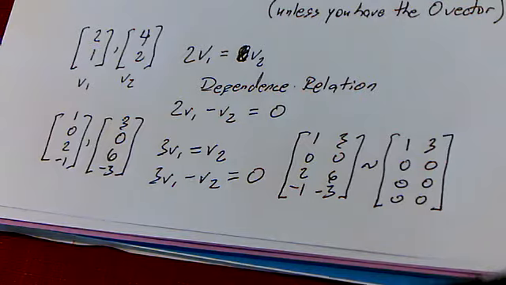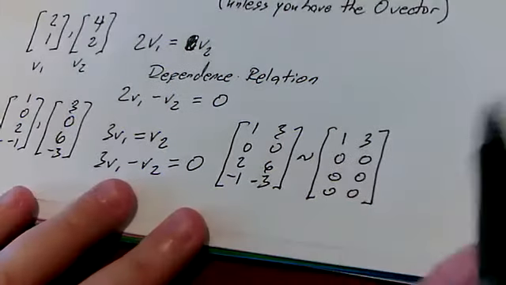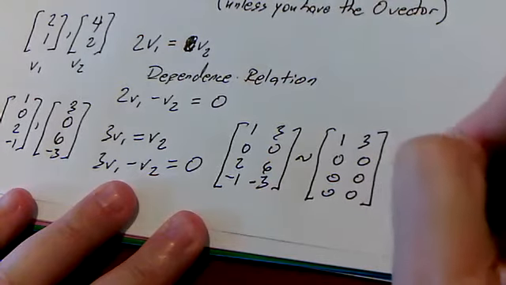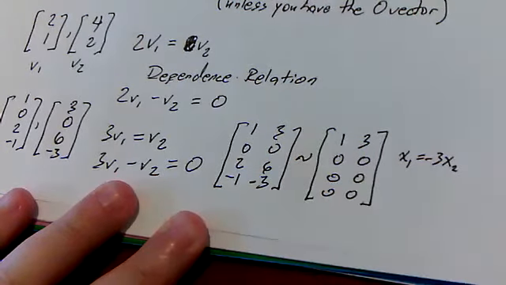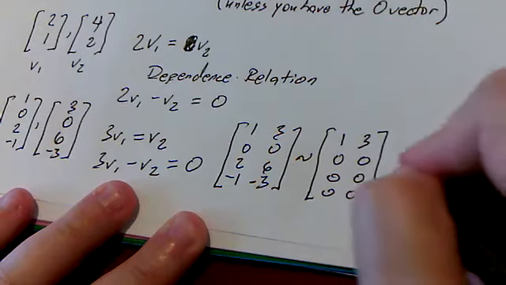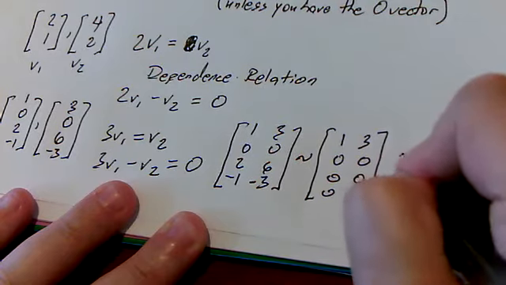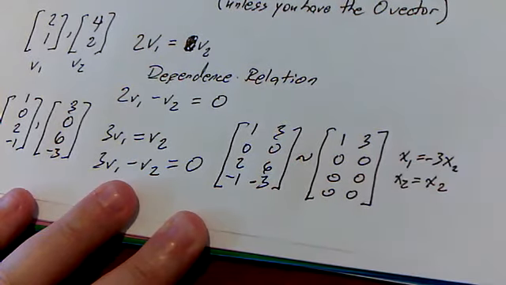Okay, so if you set up a solution set based on this information, right, I would have x1 is equal to -3 x2. X2 would be our free variable.